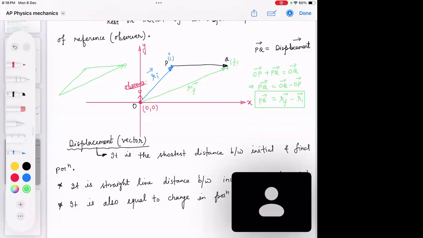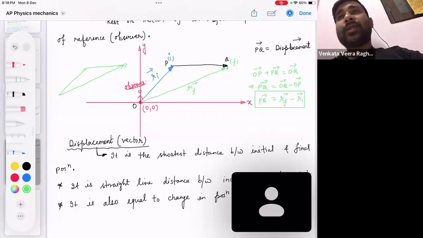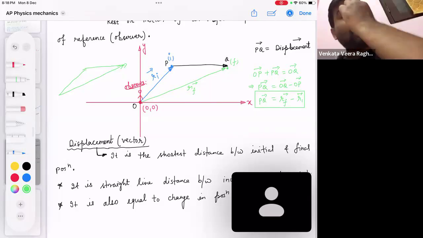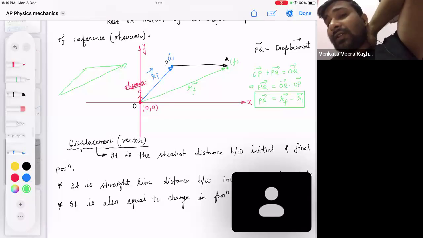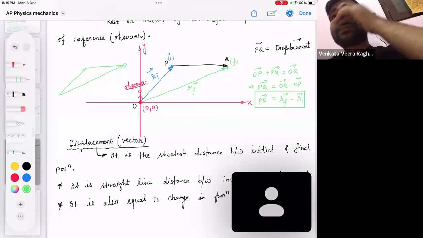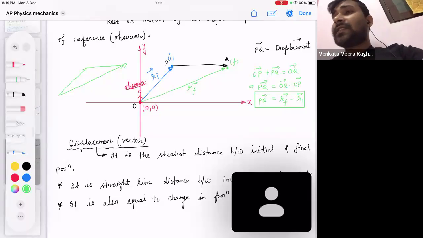So if you want to calculate the displacement of a particle, what will you do? You will find the shortest distance between the initial and final position of the particle. That is one way. Or you join the initial and final point by a straight line and find the length of that straight line, which gives us the displacement.